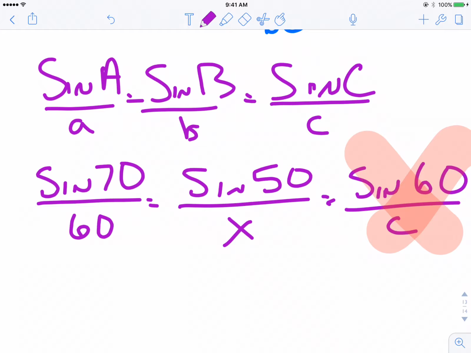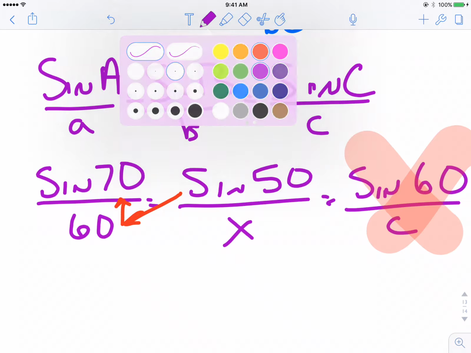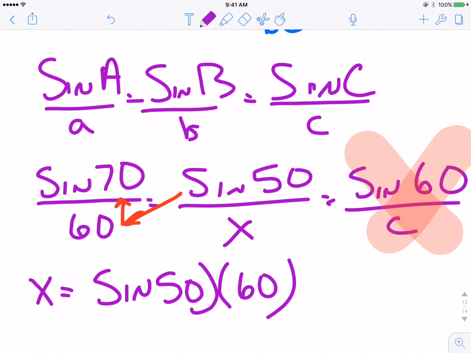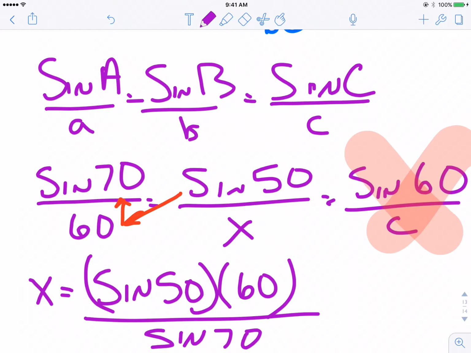It's dead to me. So I'm going to take my other ones. I'm going to go sine 50 times 60, divide by 70. So X is equal to sine 50 times 60 divided by sine 70.